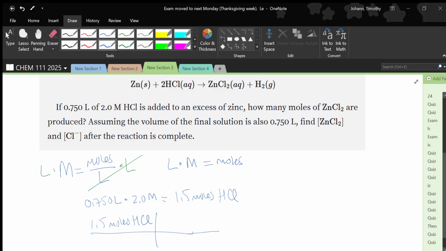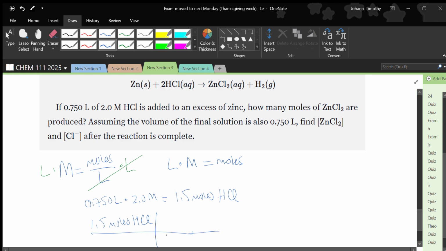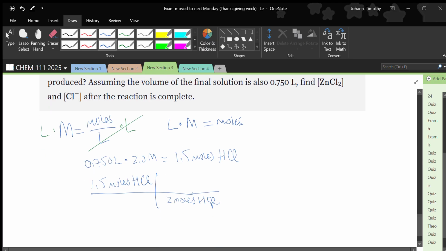Anybody have a question on that? I'm pulling that right out of the equation. 2 moles of HCl is going to make 1 mole of zinc chloride.